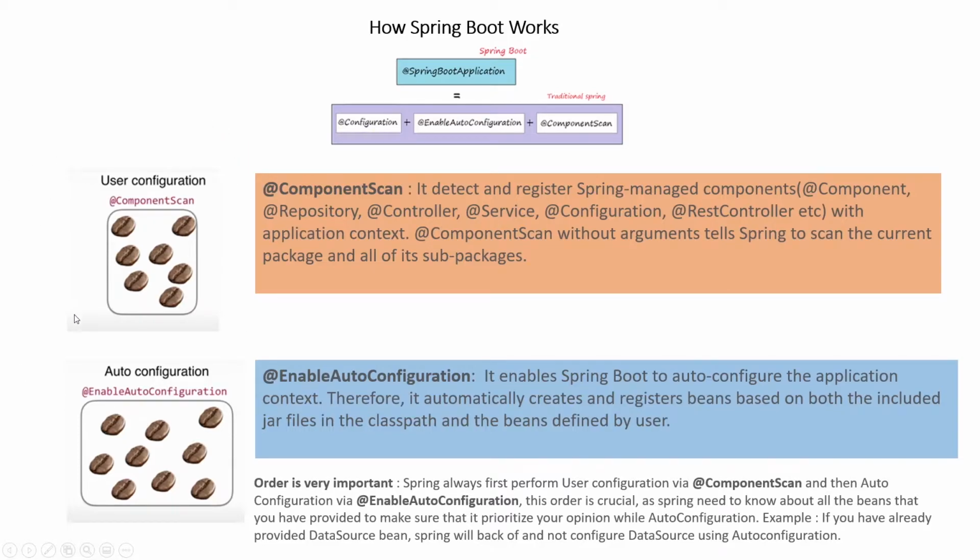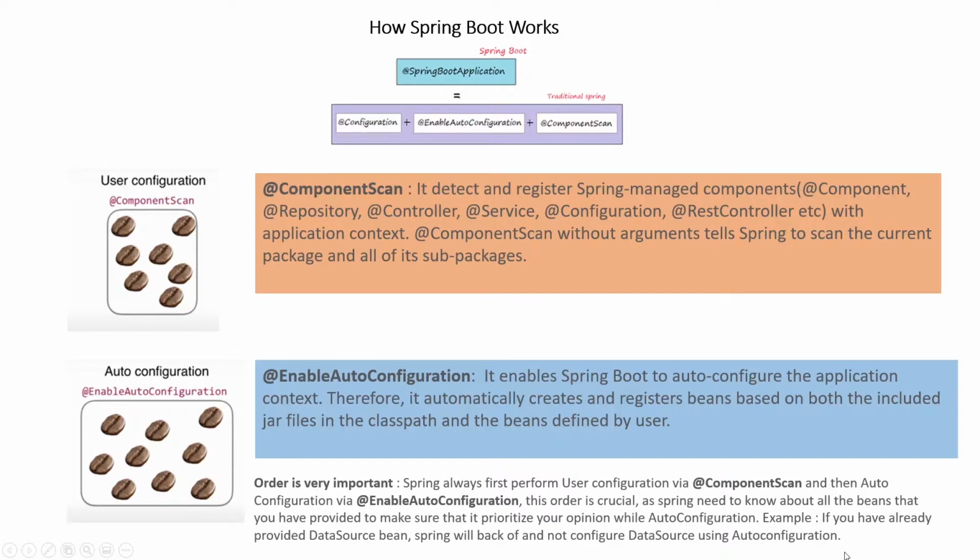That is why user configuration should be done first, so that all the beans that the user wants to create are registered, and during auto configuration it will check whether those beans are already created or not. If one is created, then the auto configuration for that bean will not happen. If it is not created, then the auto configuration will happen. For example, if you have already created a data source bean and returned it, Spring will back off and not configure the data source using auto configuration.